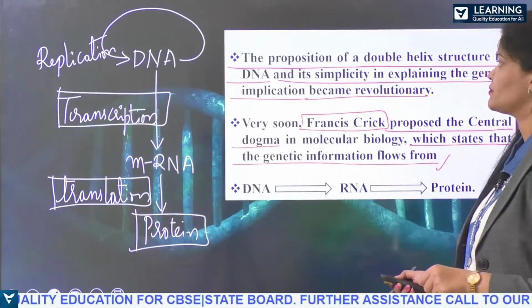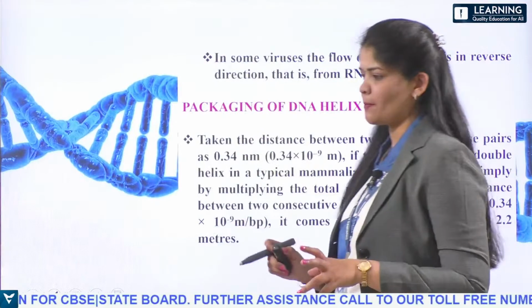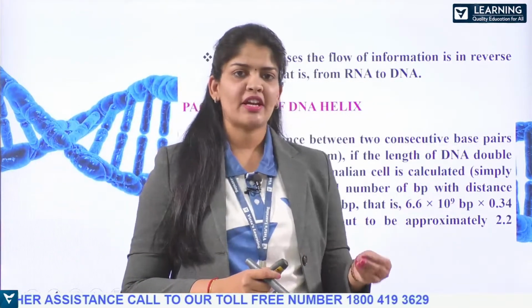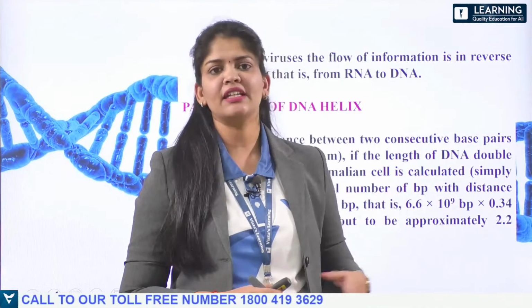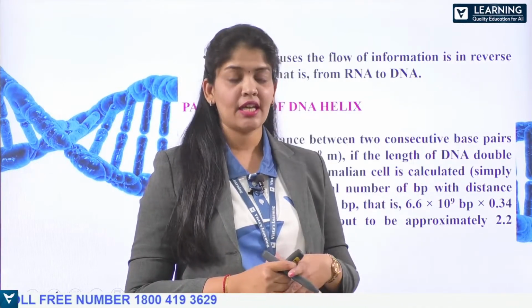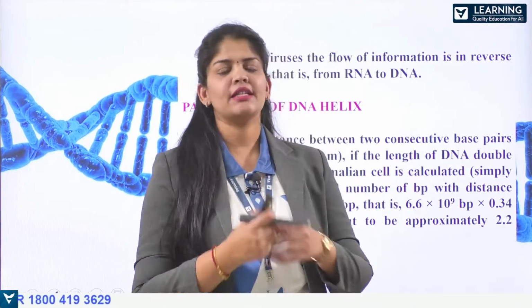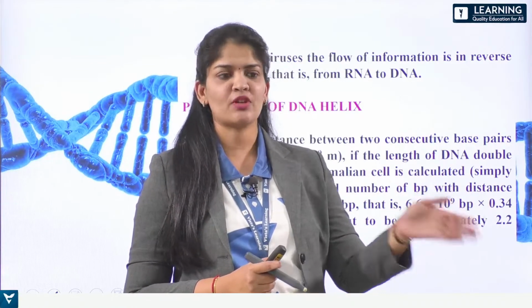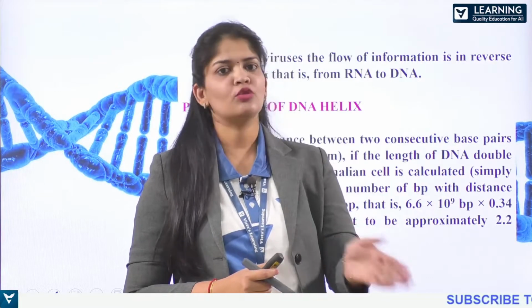Now, as we already mentioned, in some viruses we find RNA as the genetic material, not DNA. Just now we mentioned that in the central dogma, the information present in the DNA is first transferred to the mRNA and then to the protein.